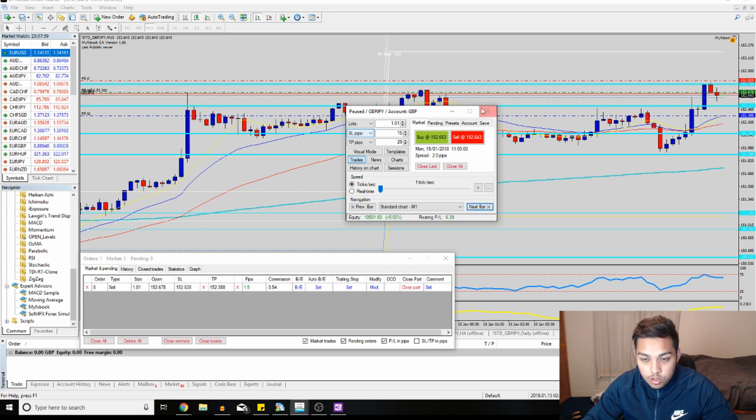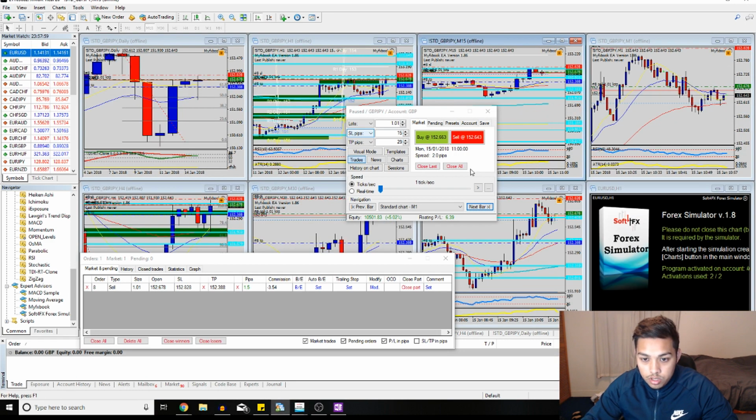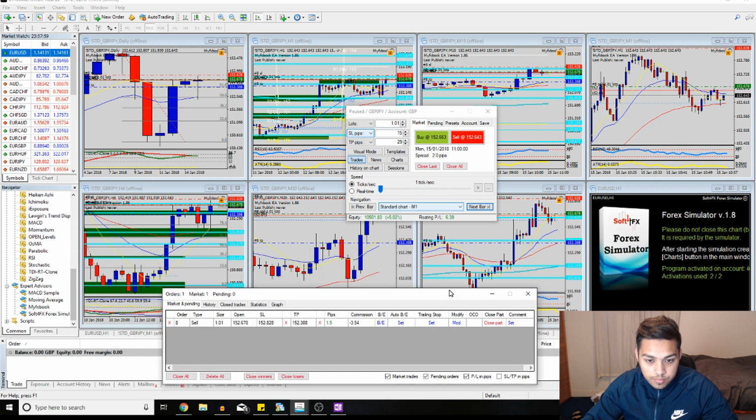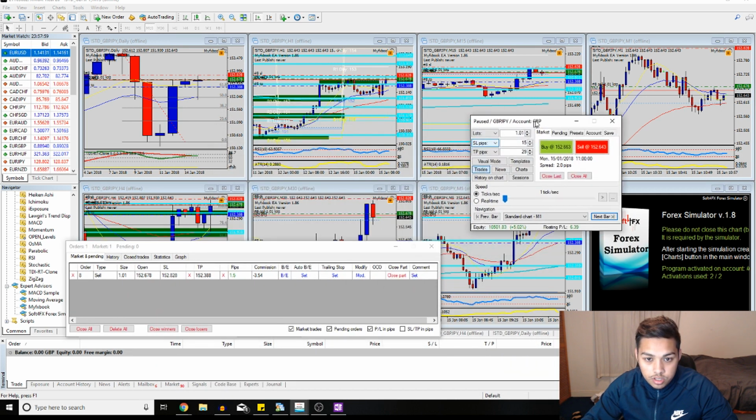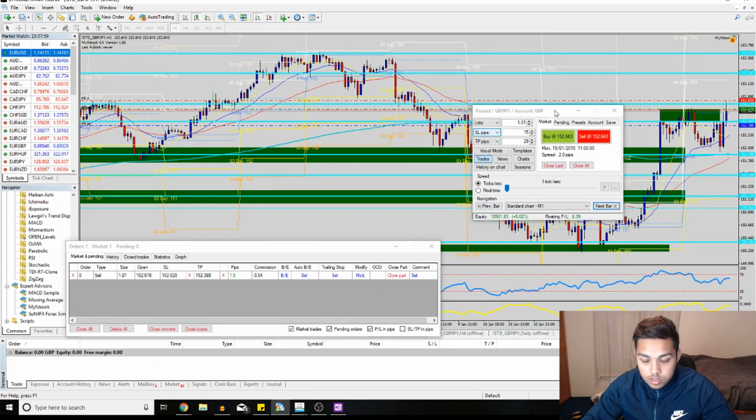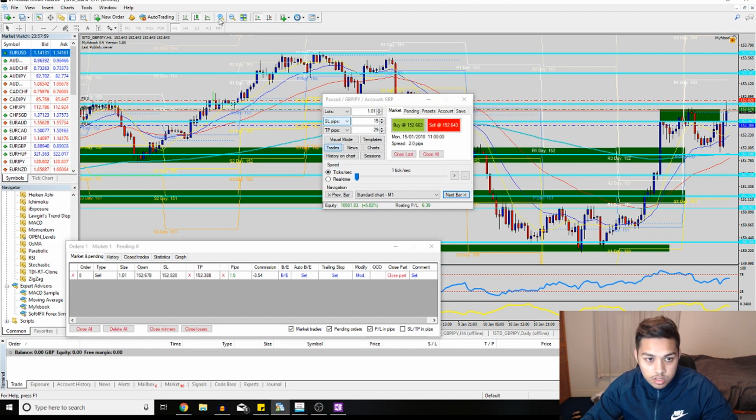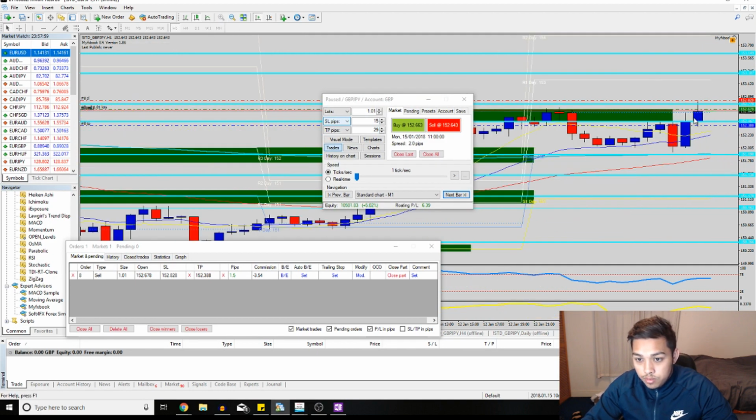Okay, now it's 11 o'clock. What I do is check the hourly chart. You can see with the hourly, it's formed a nice candle here with a lot of rejection from this area. As you can see, my stop loss is just above.